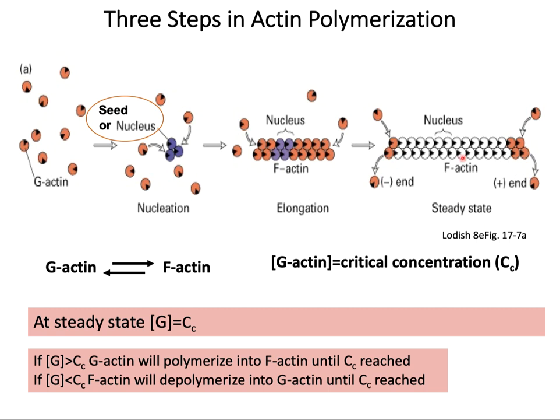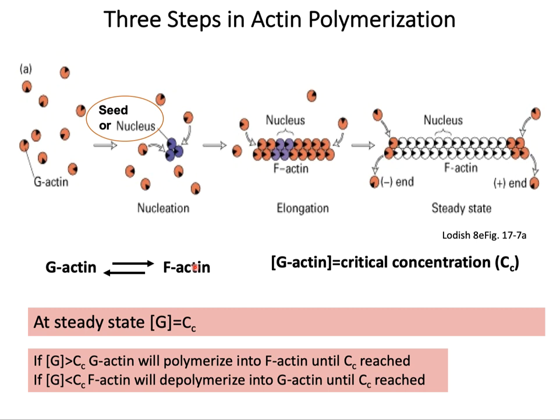Now, steady state happens at a certain G-actin concentration, and this G-actin concentration is known as the critical concentration. It is the concentration of G-actin monomers at steady state.